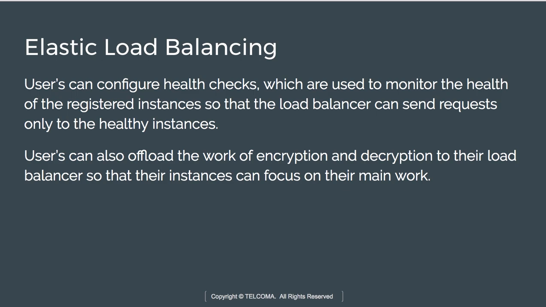We also have the internal load balancer. In a multi-tier application, it is useful to load balance between the tiers of the application. The internet-facing load balancer receives and balances external traffic to Amazon EC2.